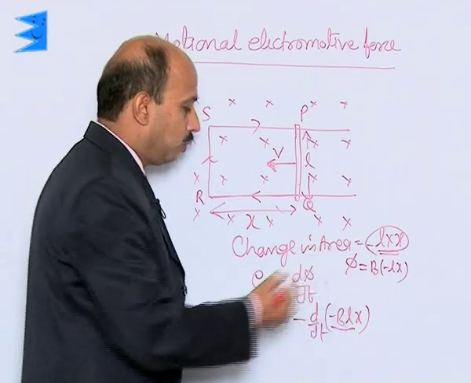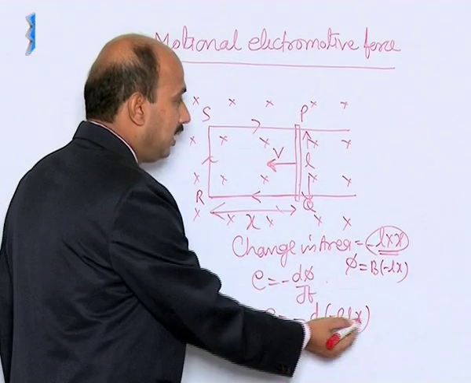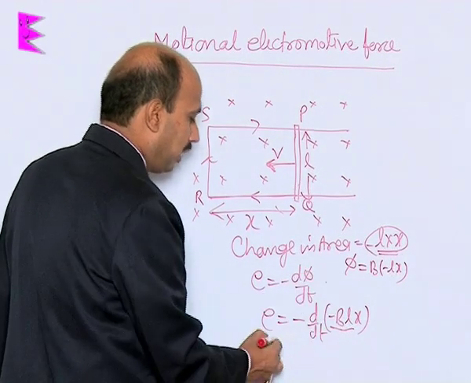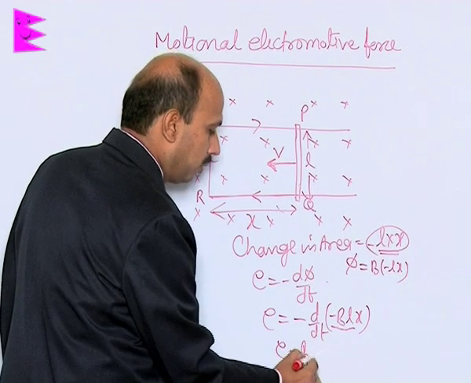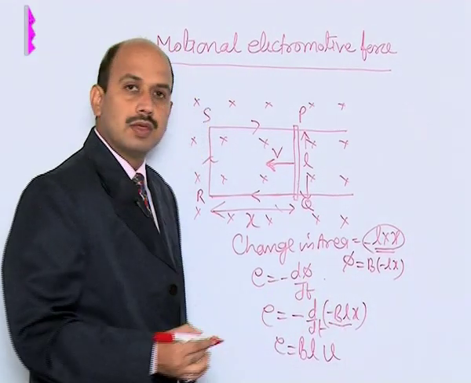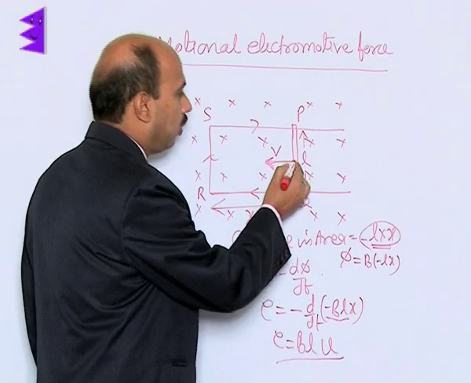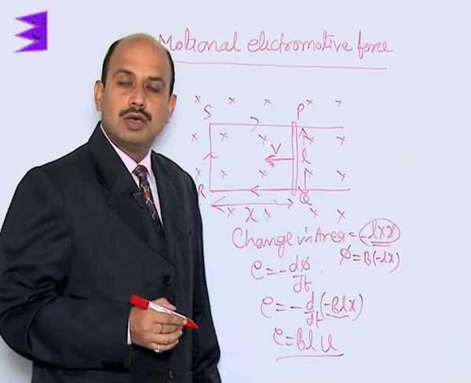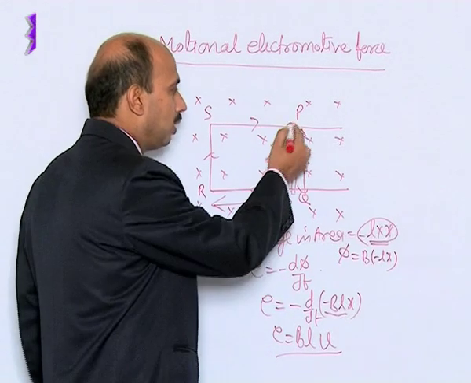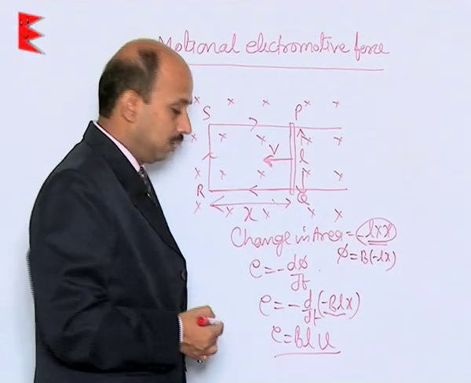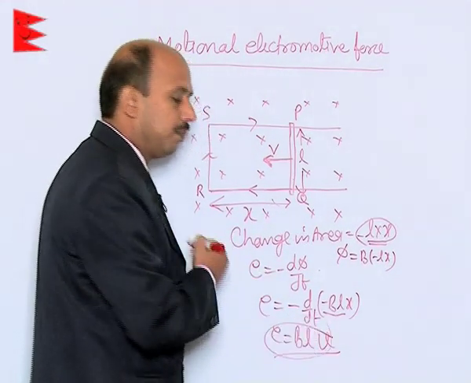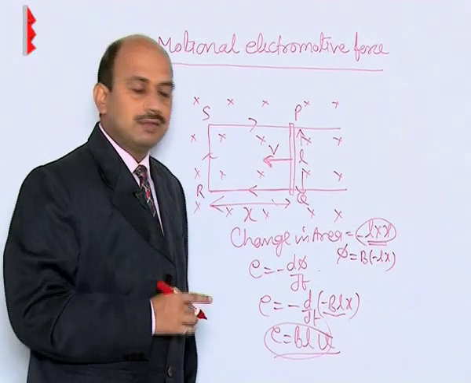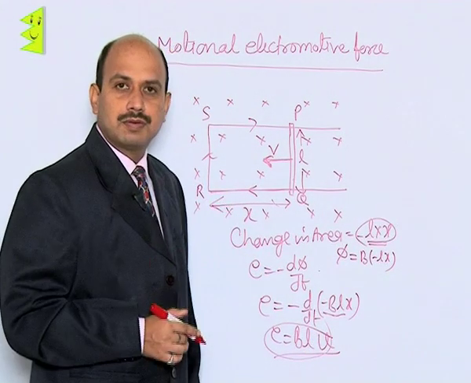B and L both are constant, so with dx upon dt, E is equal to BLv, where v is the uniform velocity of this rod. So, this is the EMF induced in the rod PQ, whose magnitude is equal to BLv. This is known as motional EMF.